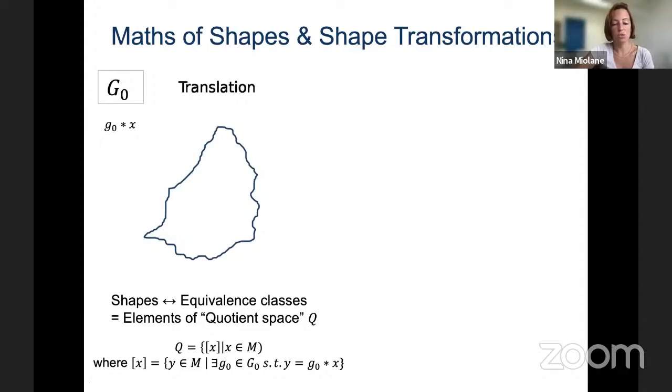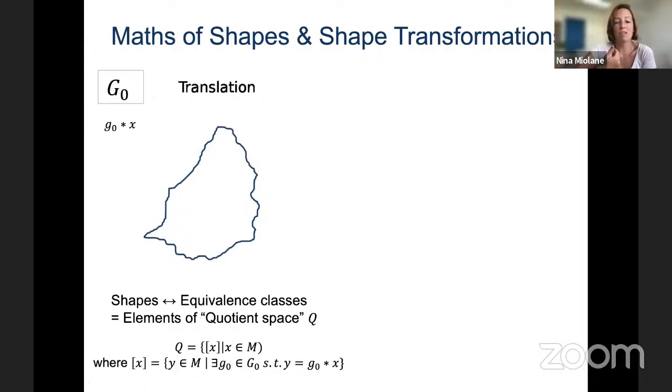And so if you want to look at how we describe that from a mathematical perspective, we say that the shapes are an element of a quotient space, Q, where Q is defined as the set of the equivalence classes. So the equivalence class of X is denoted with this bracket. And you have the mathematical definition of the equivalence class of X, which is what I said before. The equivalence class of X are all the other objects, Y, that have the same shape as X.